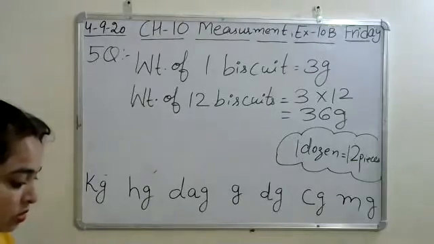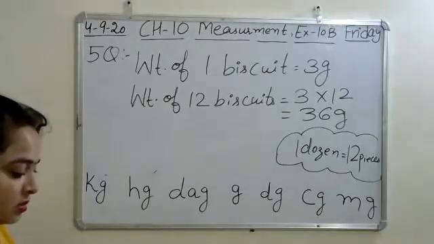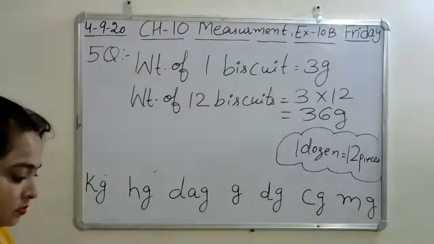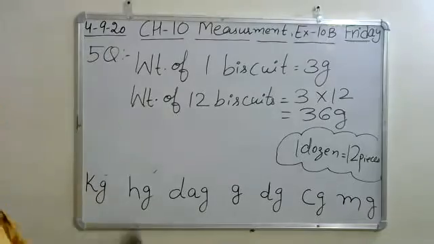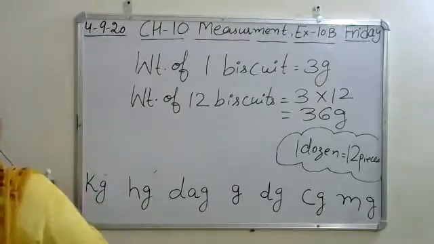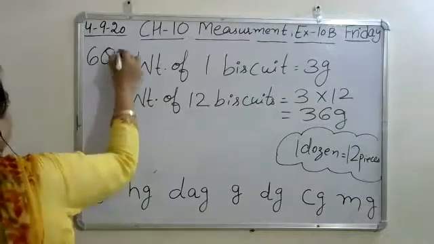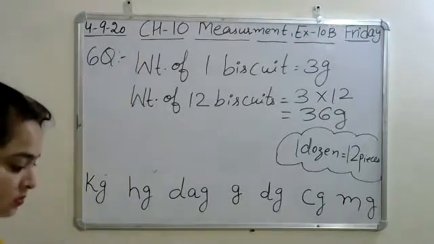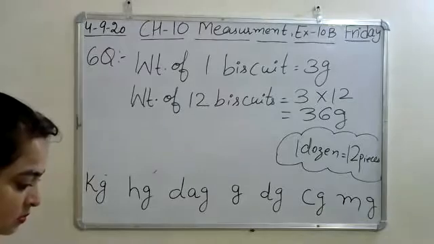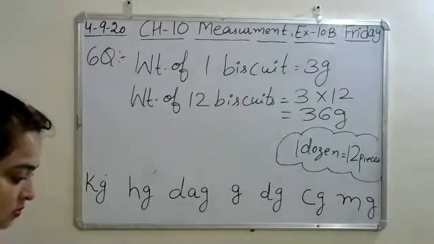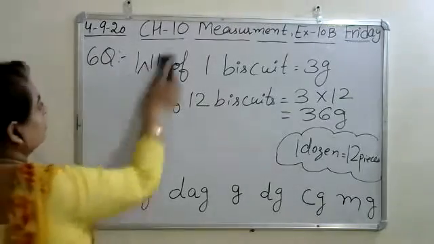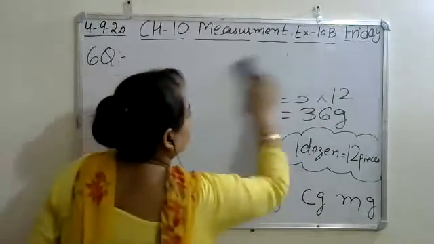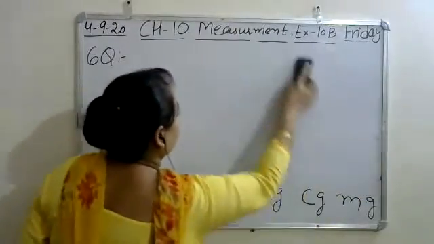Myra, you are unmuted. Read question number 6. Yes, ma'am. A box of chocolate weighs 343 grams. Find the weight of half a dozen such boxes in a kilogram.